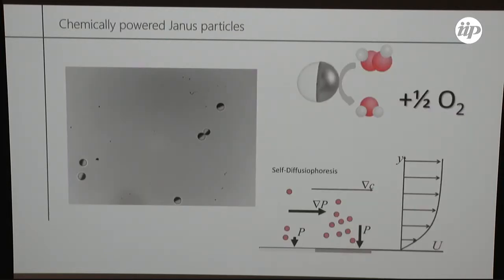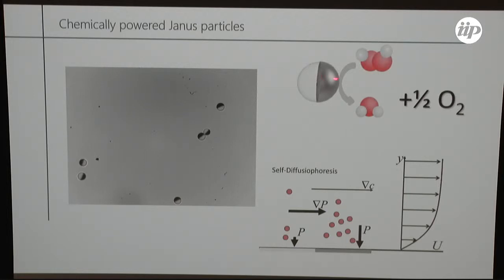And as with the microtube, we put them in peroxide solution, hydrogen peroxide, which is the fuel for the reaction. Then this platinum surface is a catalyst, and it degrades the peroxide. So we get water, which just disperses in the environment, and oxygen, which is the solute that actually builds up the gradient.